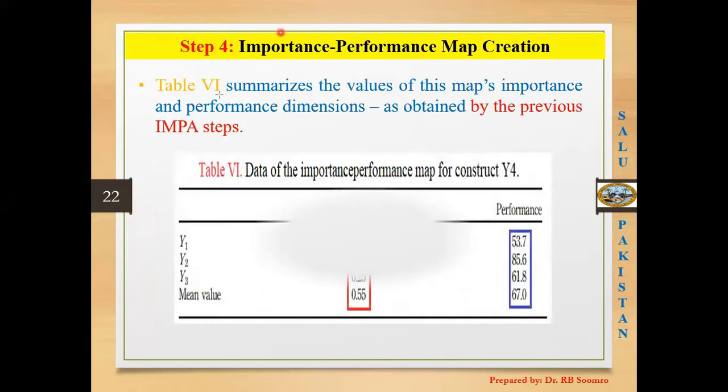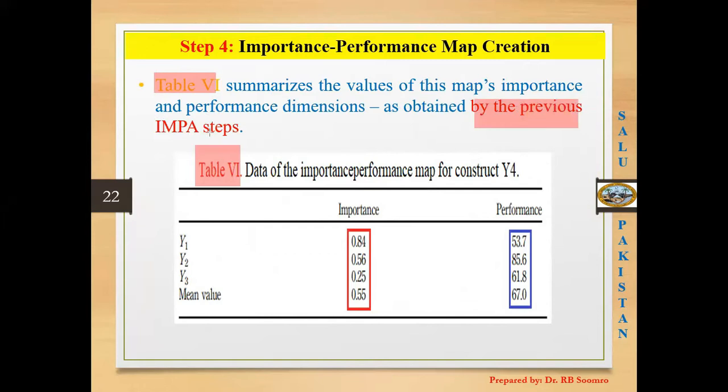Another thing is about table 6, which summarizes the values of the map. These are some of the values we will refer to while developing our importance-performance map. These are the values of the importance, and these are the values for the performance.